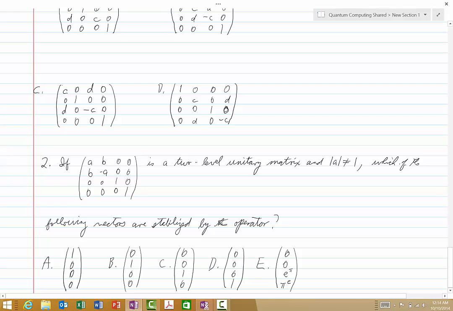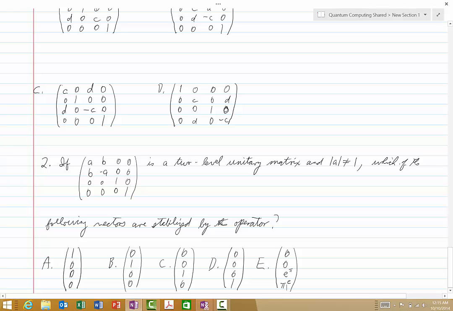Given those two pieces of information, which of the following vectors are stabilized by this operator? The choices are 1, 0, 0, 0 for A, 0, 1, 0, 0 for B, C is 0, 0, 1, 0, and D is 0, 0, 0, 1. E is 0, 0, e to the pi power, pi to the e power. E here is the base of the natural logarithm.